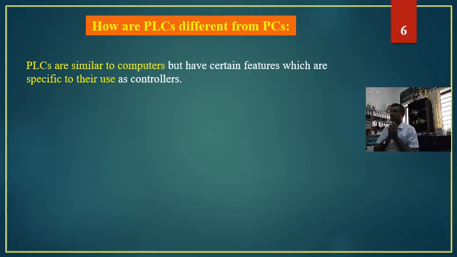However, in the last lecture we observed that PCs are general purpose digital computers, whereas PLCs are special purpose digital computers. PLCs are normally used for a few specific functions, but PCs are used for a very wide variety of data processing needs.